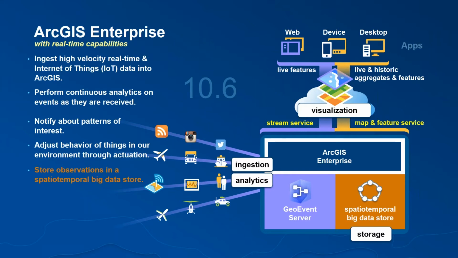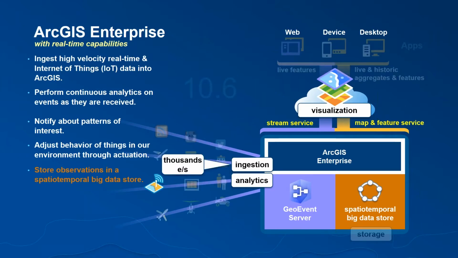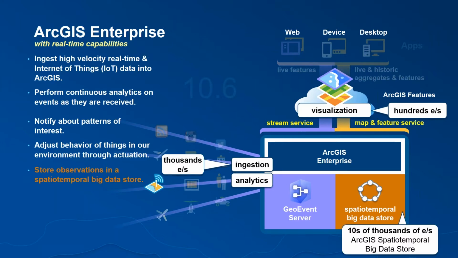As hardware technologies become better and more affordable, more sensors are being deployed and sending at a better transmission rate, so the rate is going to be more and more. It can reach 10,000 in the near future. The incoming data are growing beyond 1,000 events per second, so this demands better data store technologies. We added a spatiotemporal big data store into the ArcGIS Enterprise architecture, which helps because it supports a writing rate of tens of thousands of events per second. We will look into the big data store in more detail in the next slide.